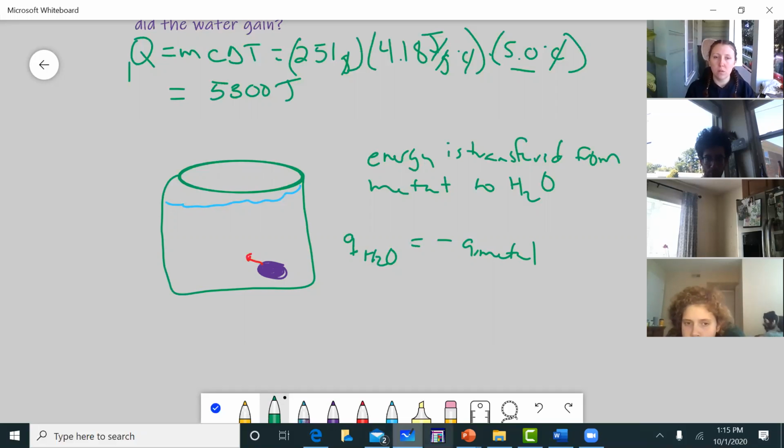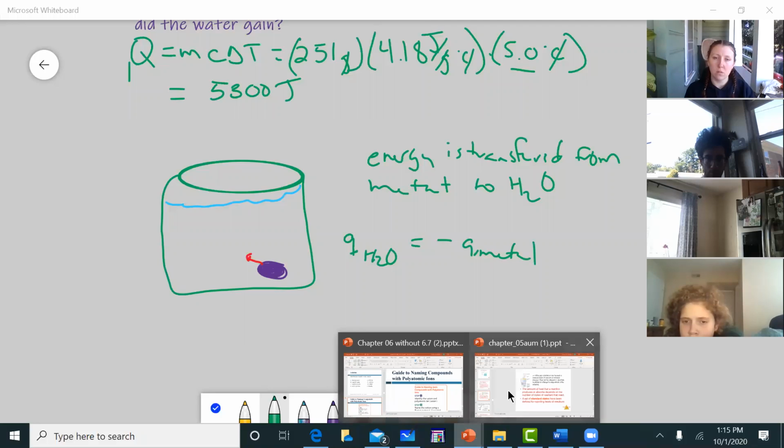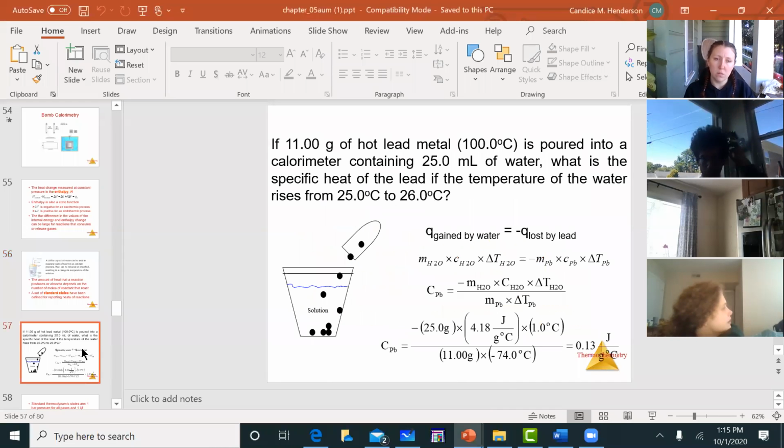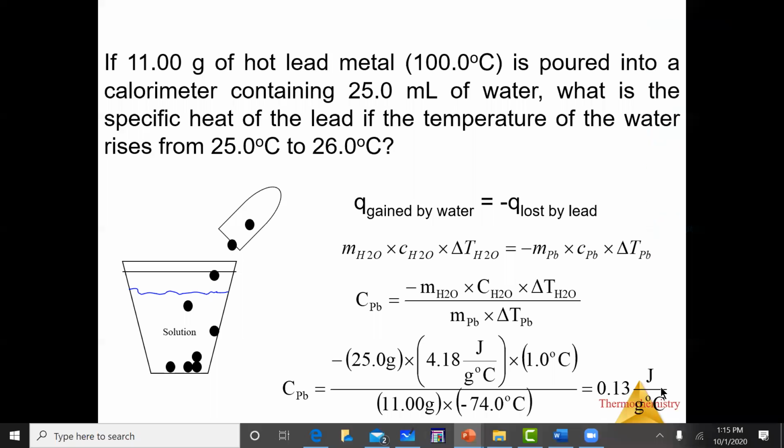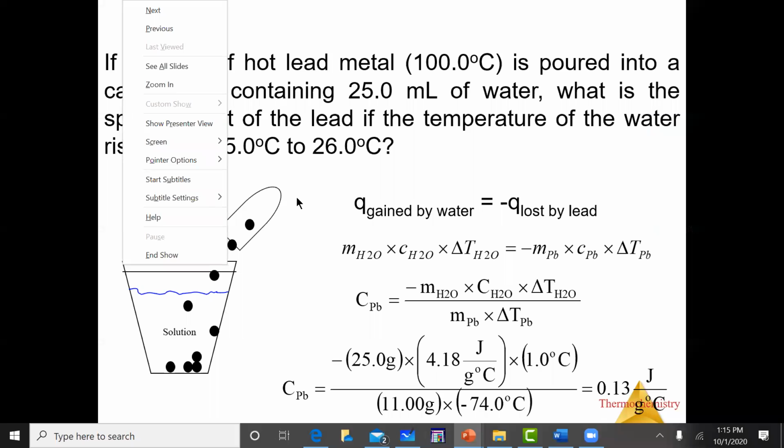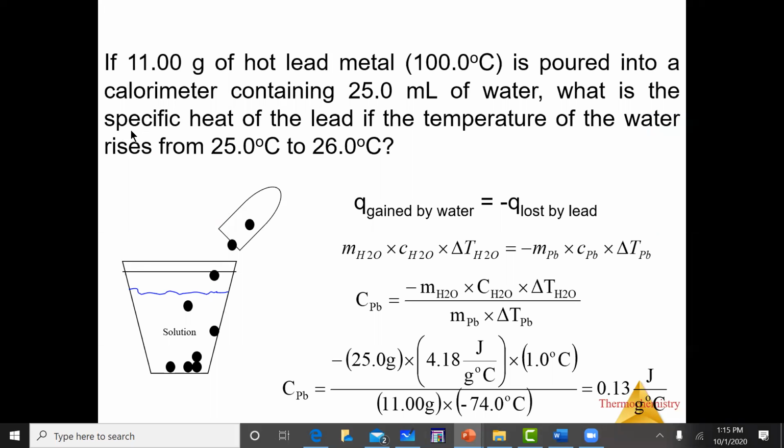So let's take a look at the slide problem and then I'll give you guys another one. If 11 grams of hot lead metal, which we said is at 100 degrees Celsius, is poured into a calorimeter containing 25 milliliters of water, what is the specific heat of lead if the temperature of the water rises from 25 degrees Celsius to 26 degrees Celsius?